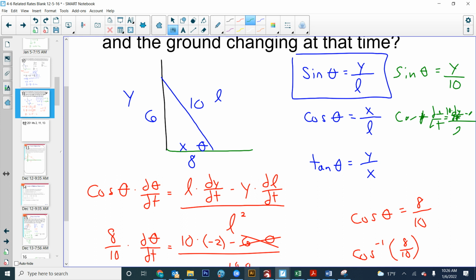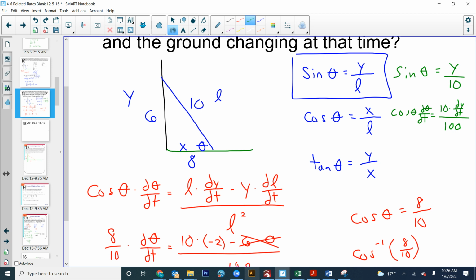Over, oh my gosh, I'm not even thinking straight now. All right, cosine theta d theta dt equals low d high, dy dt, minus y times d low, which is 0, all over 100. Are you with me?